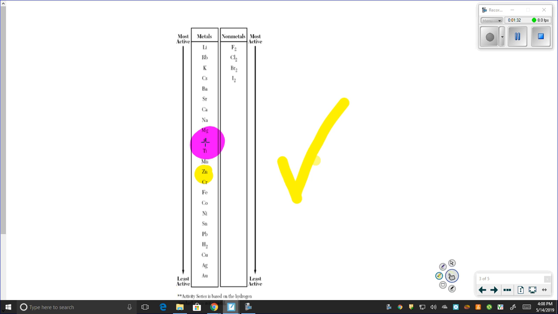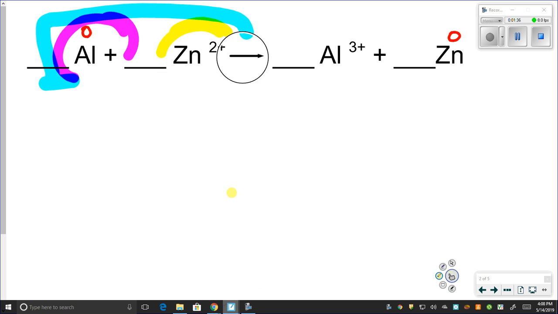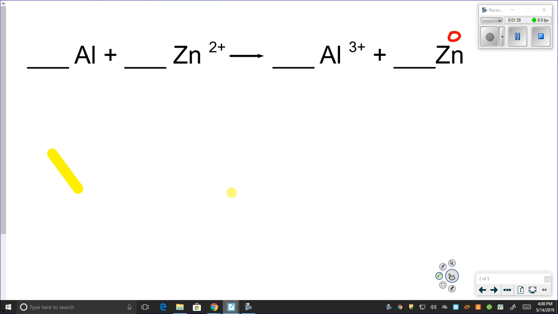So let's go back to our previous page and work out this redox reaction. We said that the aluminum is 0. Then we're going to decide whether we have oxidation or reduction happening here.